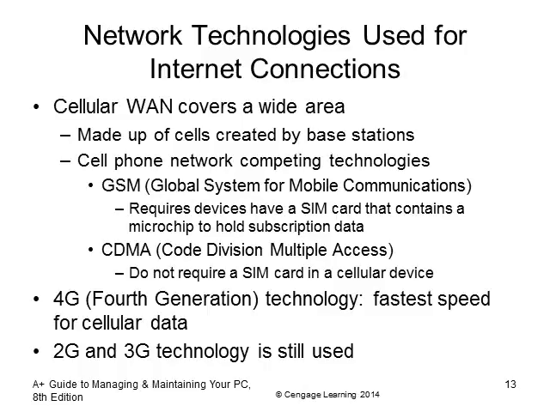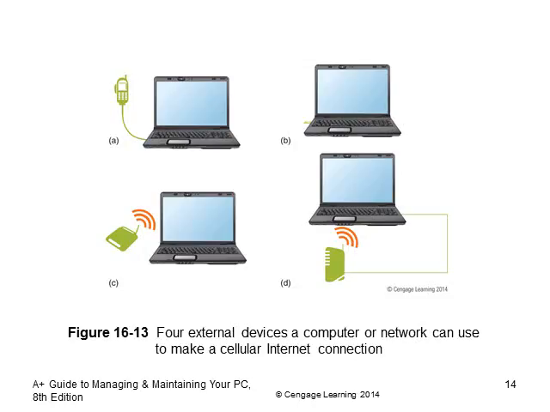CDMA, Code Division Multiple Access, does not require a SIM card in a cellular device. Right now, the fastest speed for cellular data is 4G, fourth generation technology, but note that 2G and 3G technology is used, especially here in Sumter.